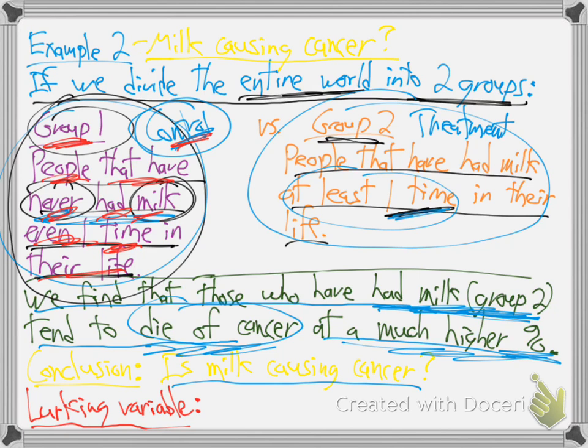I bet you don't even know anybody that has never had milk even once in their life. I mean, who are these people in this control group? Never had milk even one time in their life? Think about this group. This is a strange group of people. Who are these people?